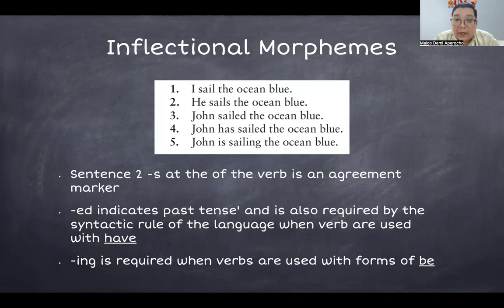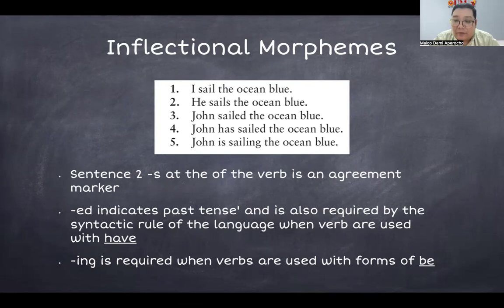It's just that there are affixes, specifically suffixes, attached to these verbs so that we can make the subject agree with the verb. For example, he sails and I sail. Or maybe to indicate tense, an activity that may have happened or is still happening at present. For example, John sailed, indicating past tense. John has sailed, present perfect tense. John is sailing, present progressive tense.